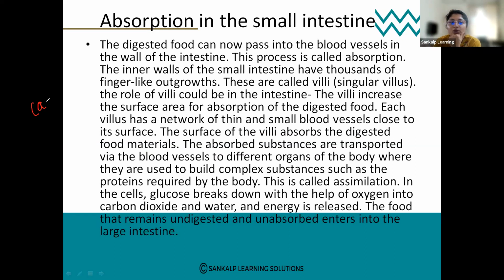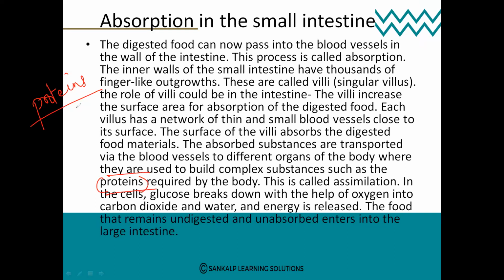You cannot only go on eating rice, right? You have to eat some protein also. Proteins, like from egg white or from sprouts, will control your hunger.